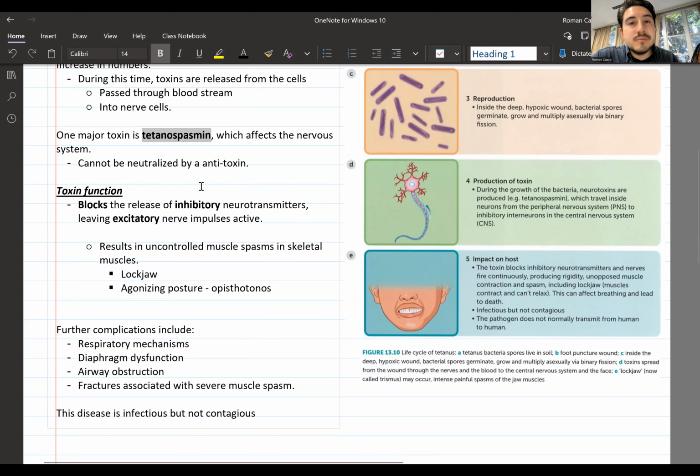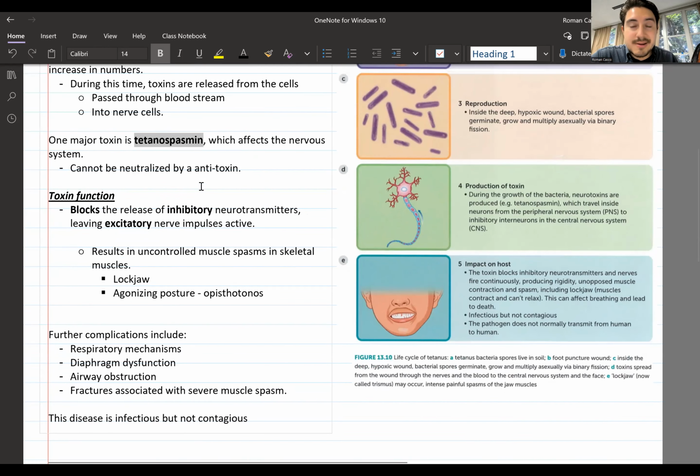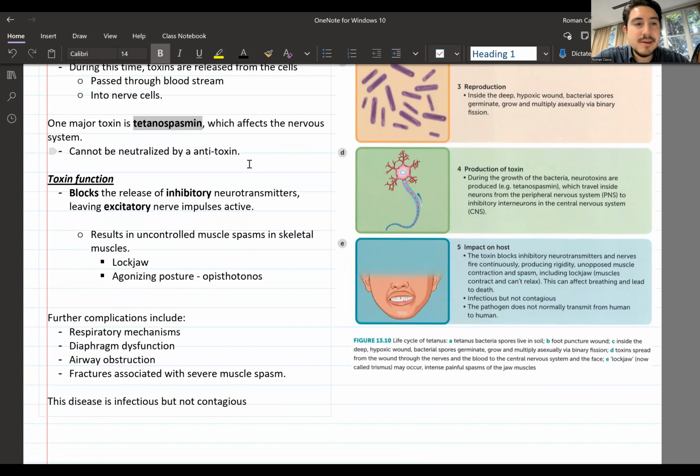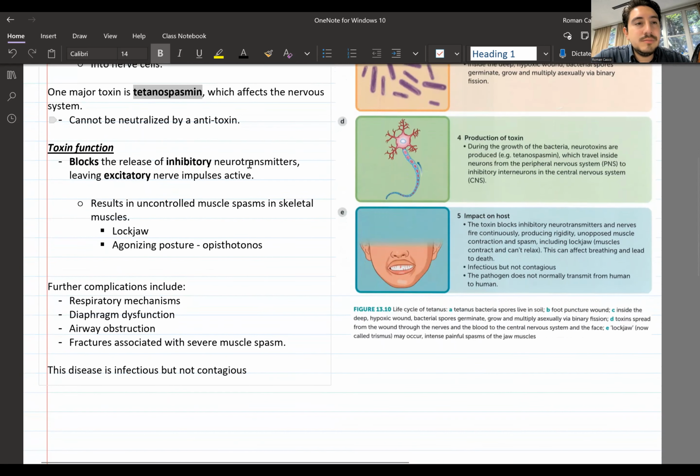What is important to know, as a researcher or as a medical doctor, is that this toxin cannot be neutralized by an antitoxin or some form of anti-serum that we know of.